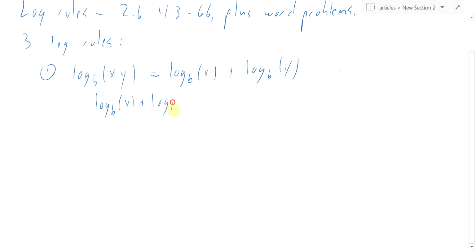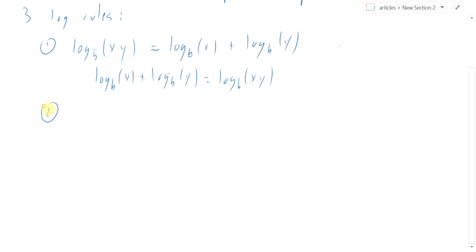So you can also read this from right to left, which if I rewrite it is this. If I have 2 logarithms added together with the same base, I can bring them together into one logarithm multiplied together. So that's one of the log rules.